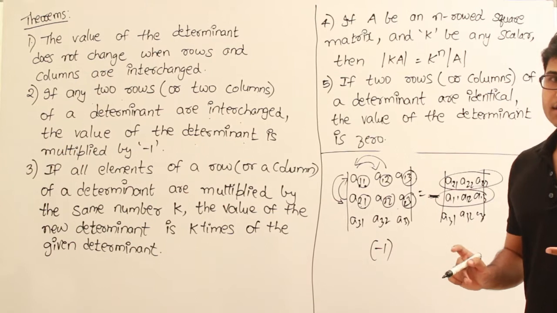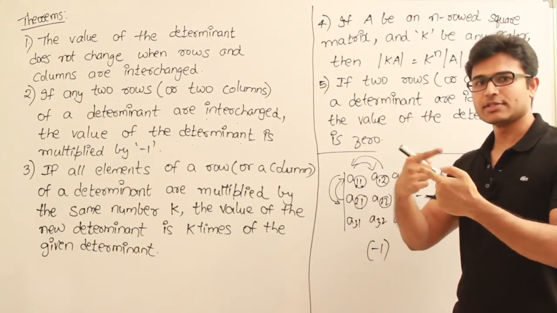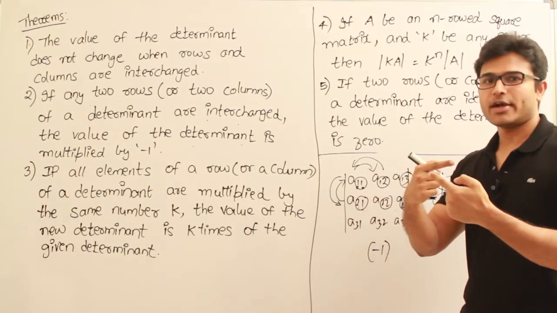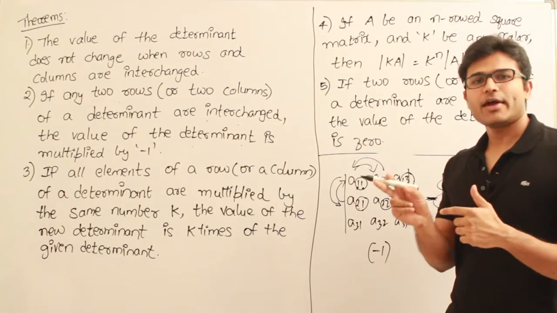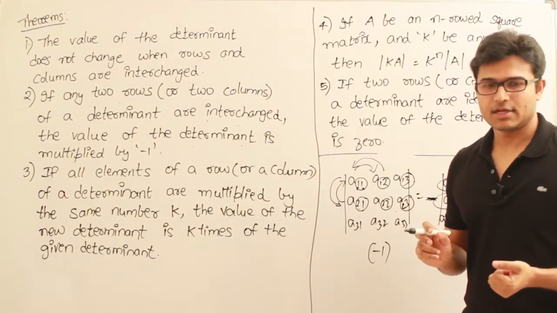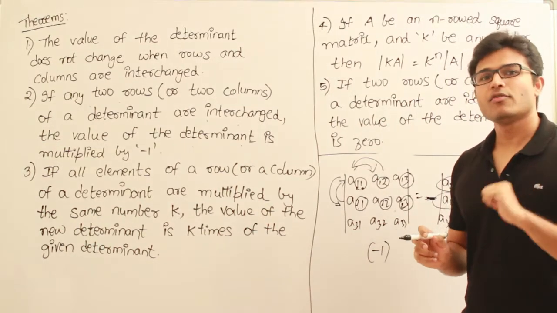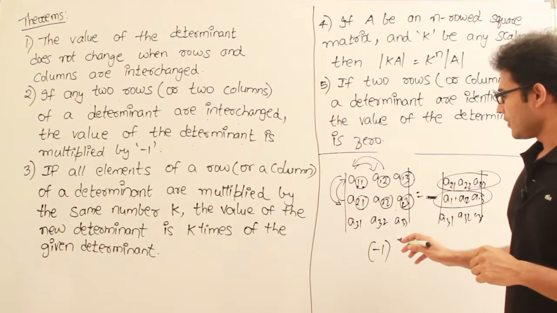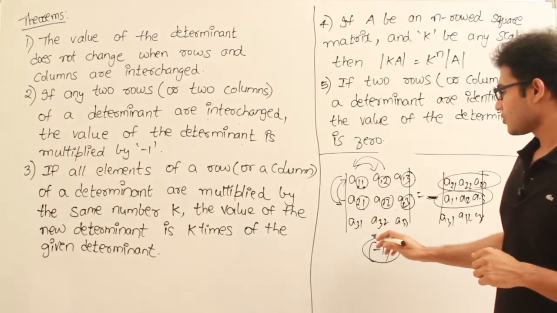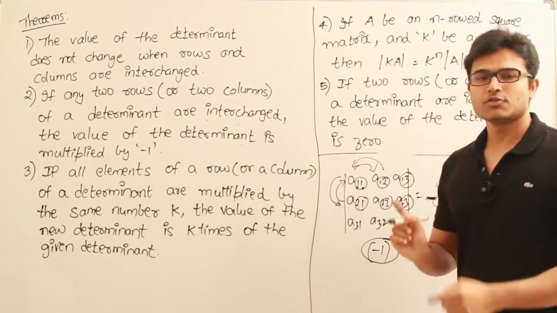What I'm trying to say is, whenever you interchange the rows, the corresponding cofactors are going to change sign, right? So whenever all the cofactors reverse their sign, the final determinant is going to be different.